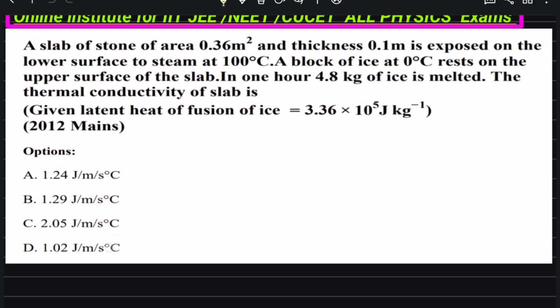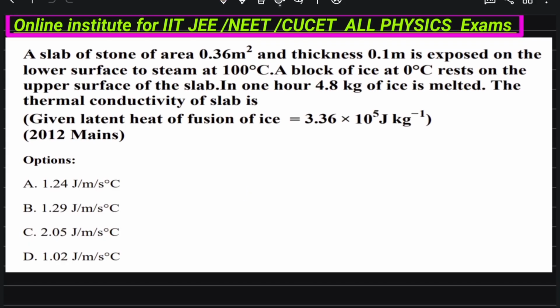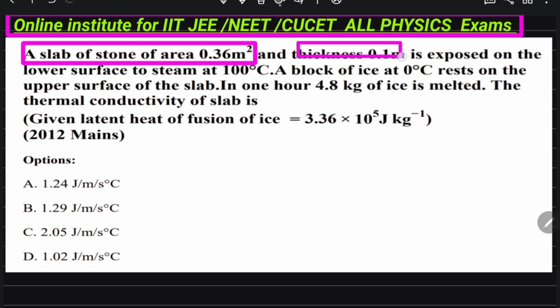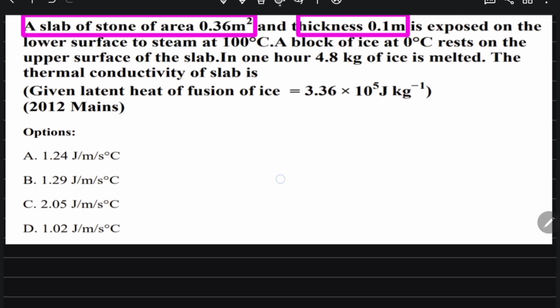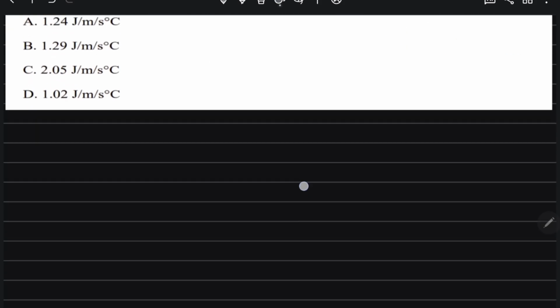And this is our first question from 2012. In this first question, it is saying that a slab of stone of area 0.36 meter square and thickness 0.1 meter is exposed on the lower surface to steam at 100 degrees Celsius. Means first we have to make the diagram.